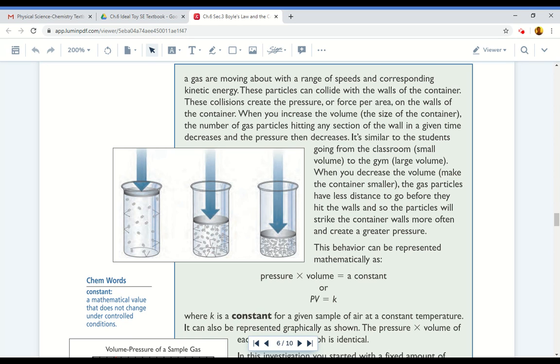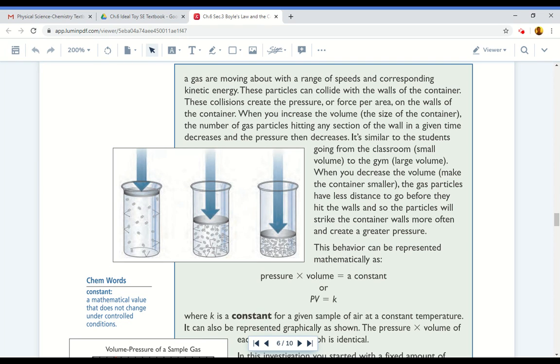When you decrease the volume, when you make the container smaller, the gas particles have less distance to go before they hit the walls, and so the particles will strike the container walls more often and create a greater pressure.